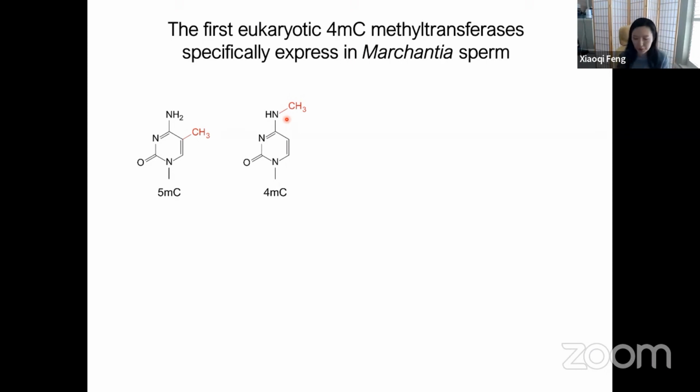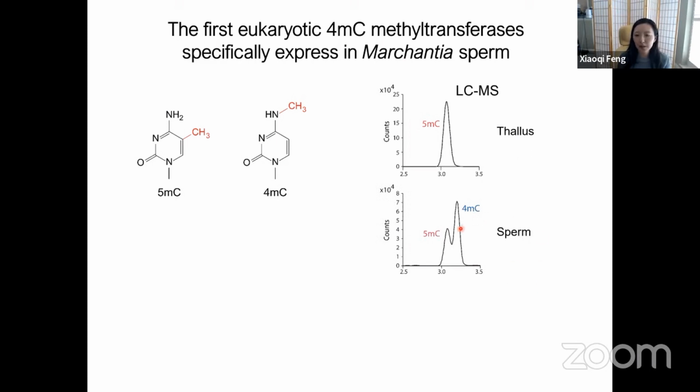So we performed LC mass spec to confirm this. So here you can see that there is a nice 5mC peak from the thallus DNA. So thallus is a leaf-like tissue in Marchantia. And in the sperm, you can see there is another substantial peak of 4mC in addition to the 5mC.